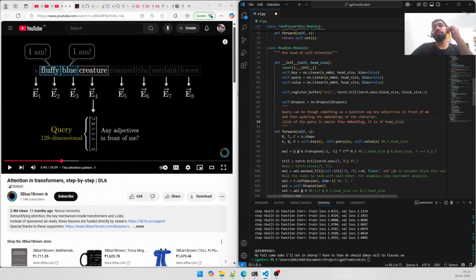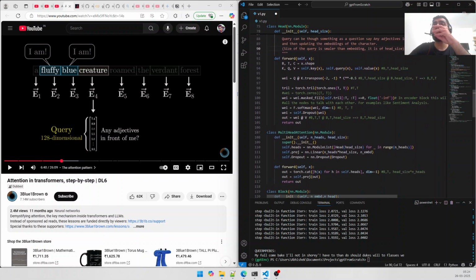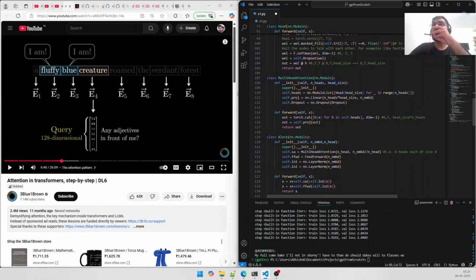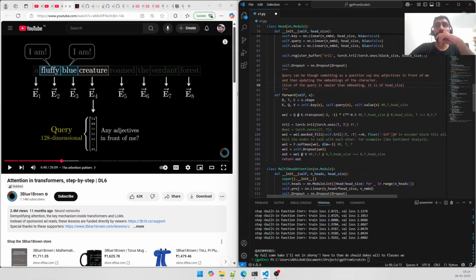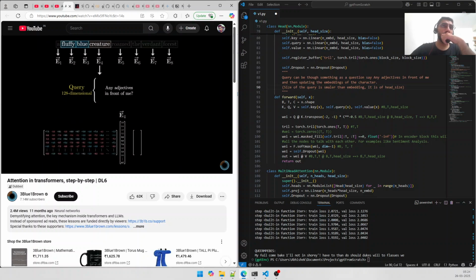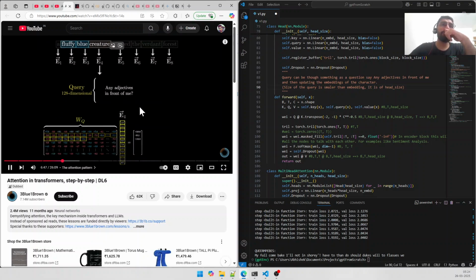Values of head size. Okay, that's one part of it. I think head size. Okay, we'll see. Say 128. Computing this query looks like taking a certain matrix, which I'll label WQ, and multiplying it by the embedding.